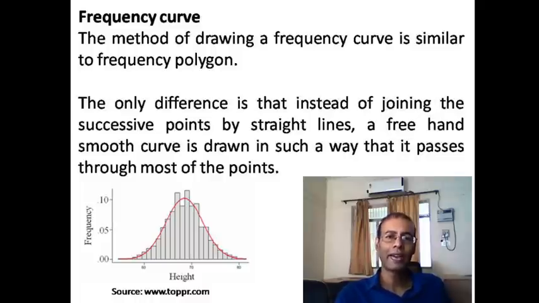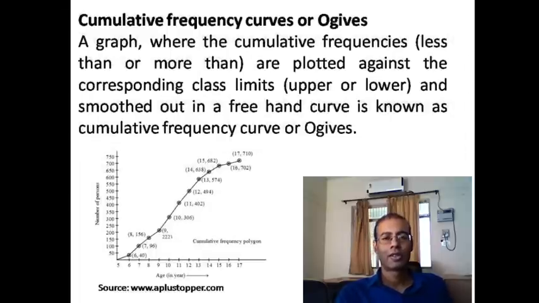By freehand joining, we make the smooth curve, and this is known as a frequency curve. You can also see one example of a frequency curve on this slide. So that was about a frequency curve.